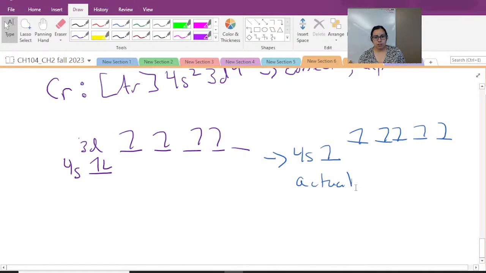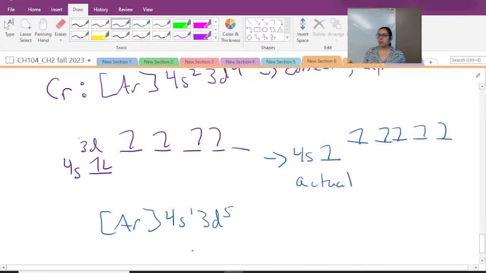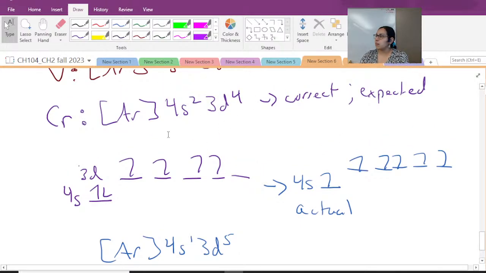I would not expect you to write that on an exam, but I want you to at least be aware of it. Or the other thing I might do on the exam is say, this is the expected electron configuration, but this is the actual, explain why. And then you would just say the 3d and the 4s are so close in energy that it's more favorable to not have that one paired.